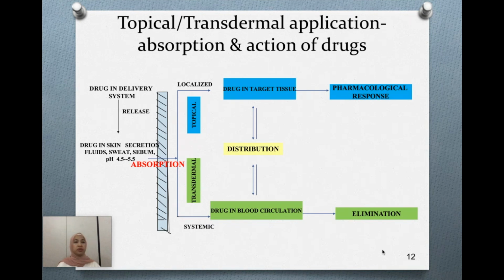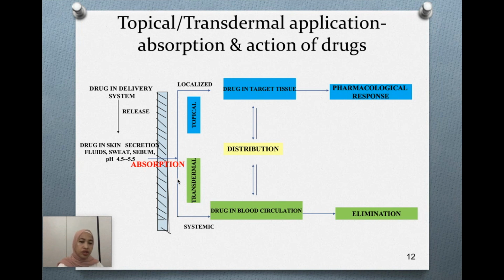So there are differences between topical and transdermal application, or transdermal delivery system. Do not think they're the same thing. For topical, we want a localized effect. So when we have itchiness, we put on a cream with probably hydrocortisone to reduce the rashes. That's localized because it reacts straight to the target tissue and gives a pharmacological action or response.